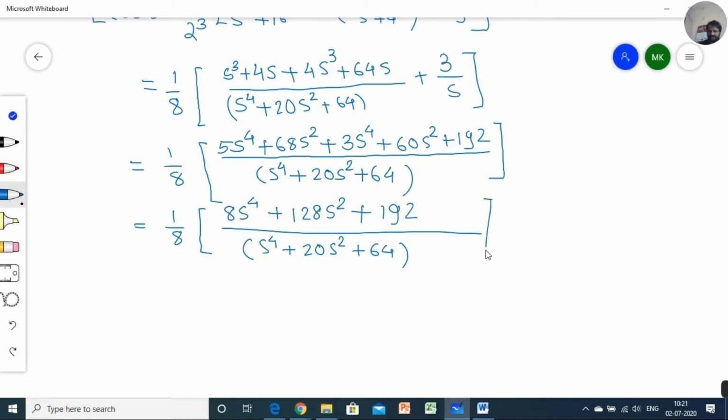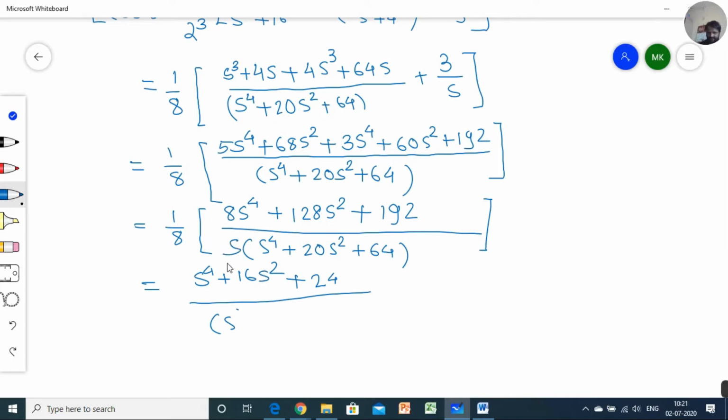So we can write this part as s raised to 4, 8 ones are 8, remaining is 16s square plus, 8 twos are 16, remaining is 3, so 4 divided by s raised to... The denominator will be multiplied by s, right? What will be multiplied by s? The 3 by s.